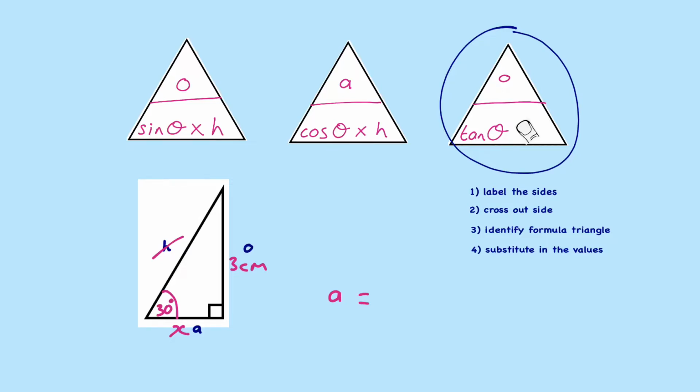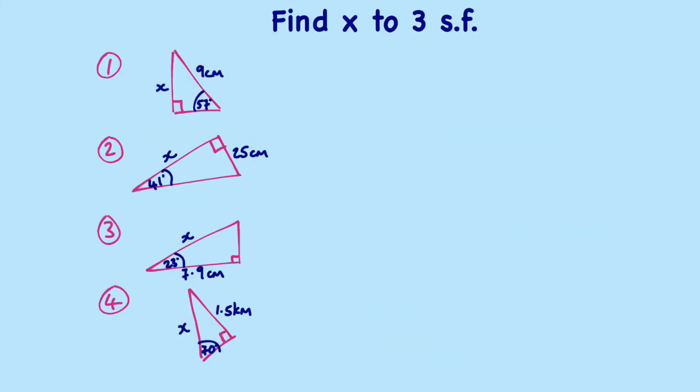So A equals O, which is 3 centimeters, divided by tan theta, so tan of the angle, which is 30. We type that into our calculator. 3 divided by tan 30 gives us an answer of 5.20 centimeters.